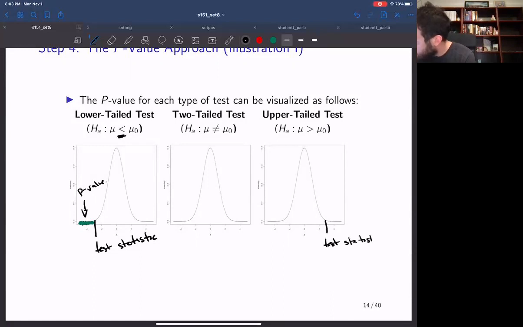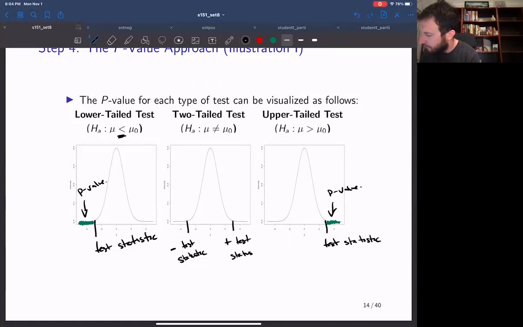Okay, for the upper tail test, same basic relationship. So here's our test statistic. And now the p-value is going to be this area here. Okay, and then in the two-tail case, this is where it gets a little bit tricky. So now you consider the positive and the negative of your test statistic. Right, and then up here, we'll do the positive test statistic.